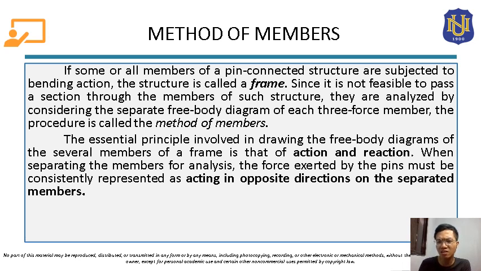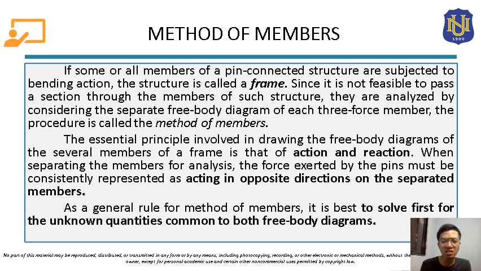We actually use that in method of joint, right? If we transfer, let's say, the actual force acting on a member to the free body diagram of the joint, it is directed oppositely. So same with this. We will apply that concept.